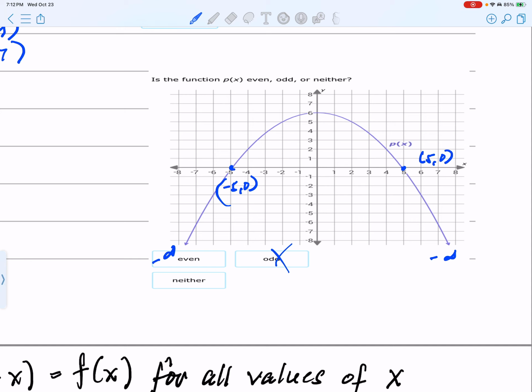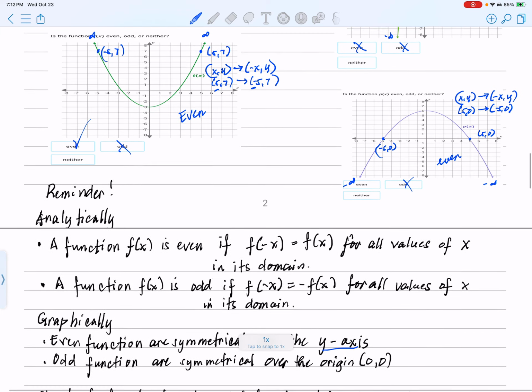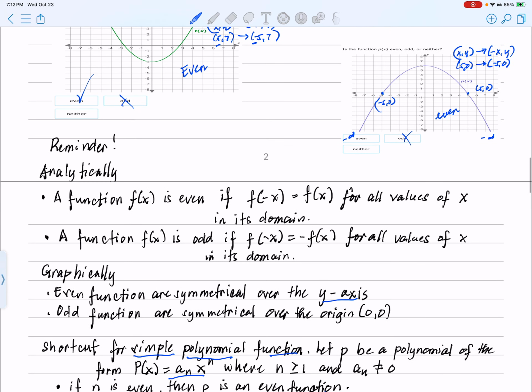Across the y-axis, xy maps to negative x, y. So if I have 5, 0, then it maps to negative 5, 0. That means this is an even function. Okay. So let's have a reminder. All right. What will be our reminder here?